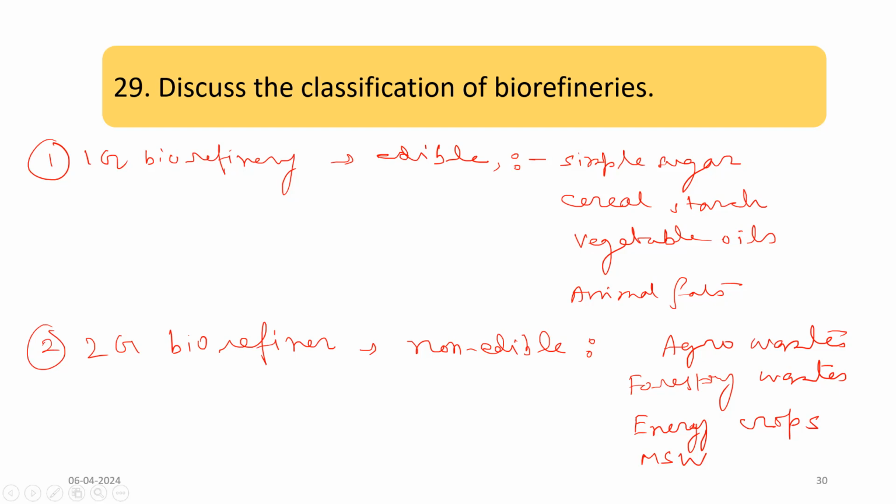That means the solid waste that comes from the home. Okay.